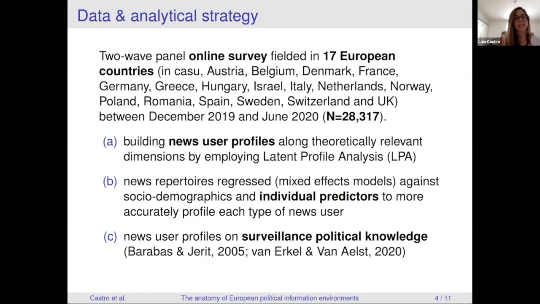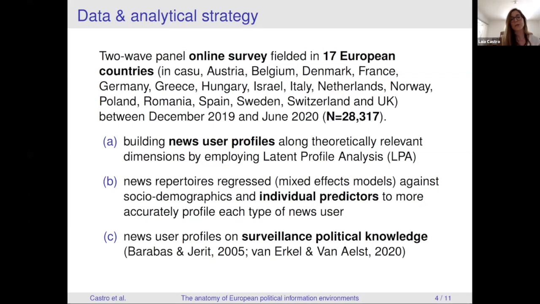We then use this data to build news user profiles along theoretically relevant dimensions. We did not only use the frequency with which people use different media types, namely TV, newspapers, radio for news, but we also measure selective exposure, inadvertent news viewing, infotainment, alternative media use. You will see more in the following slides.